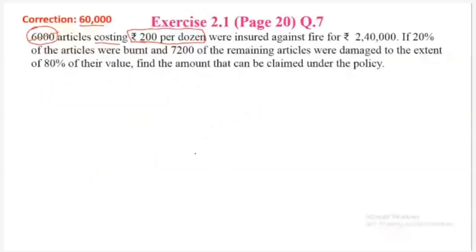So let's continue. 200 per dozen were insured against fire for rupees 2,40,000. Insured against fire for 2,40,000. What is 2,40,000? Is it property value, policy value? If it is property value, say prop, P-R-O-P.